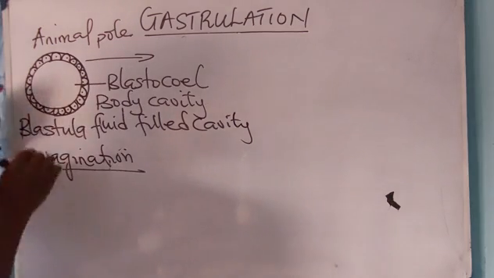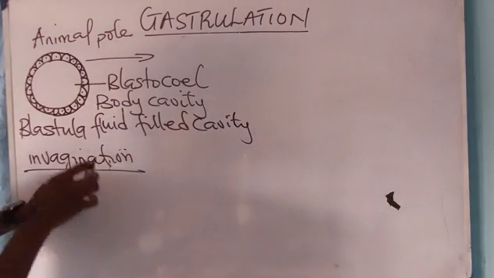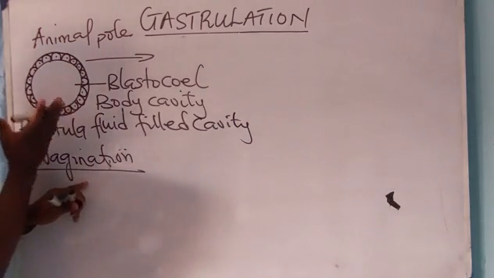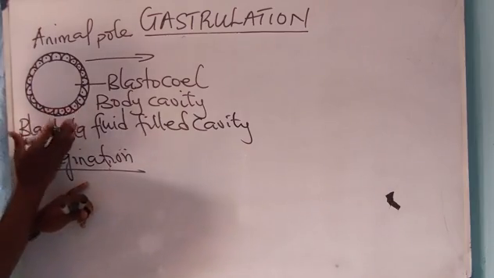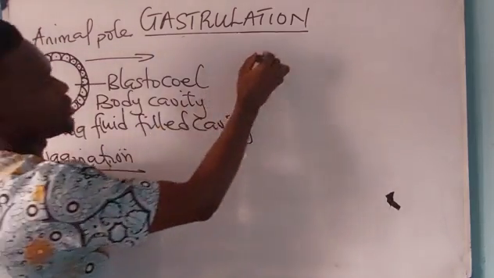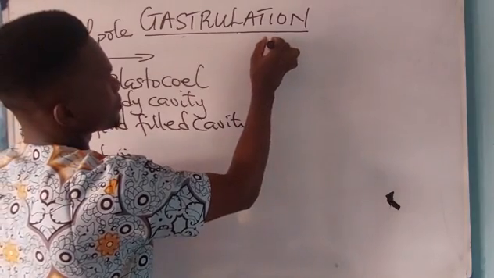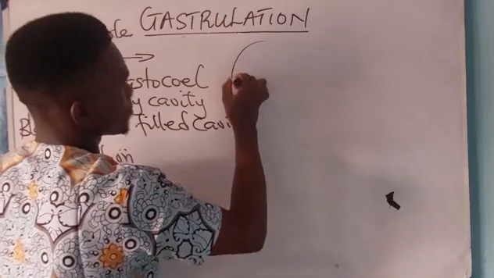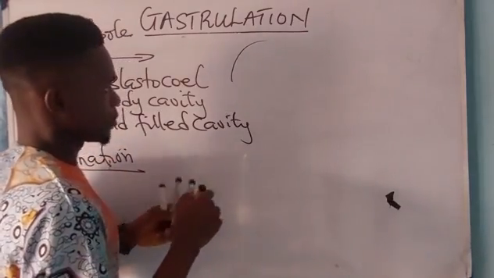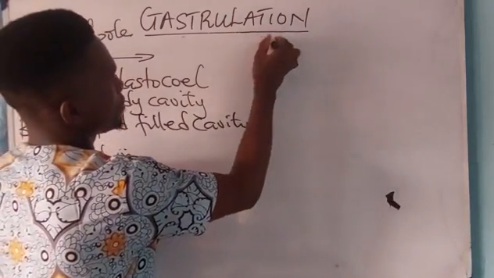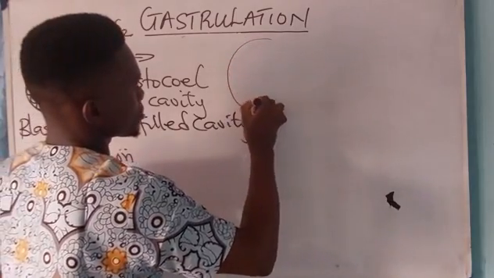The dorsal side. Now during invagination, what happens? The cells that make up the vegetal pole push inwards. This is what you are going to be having. It will push inwards.